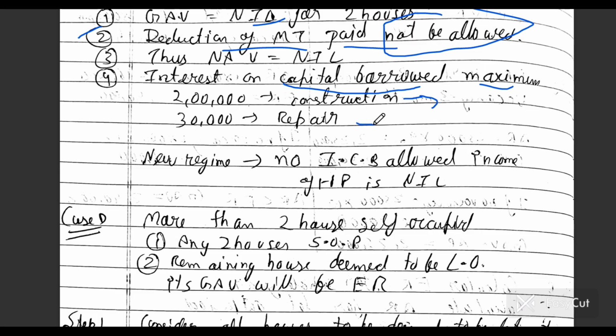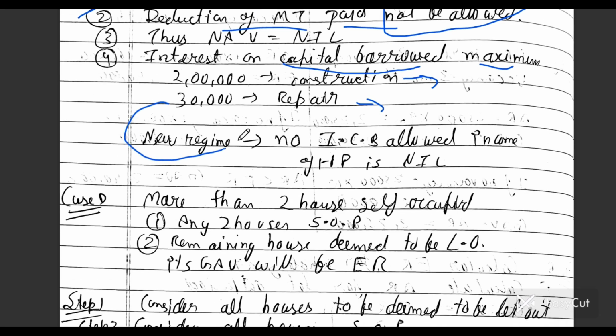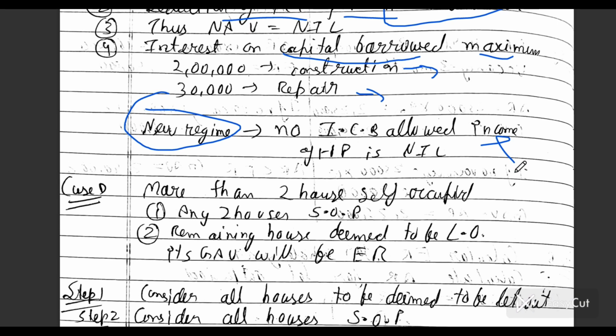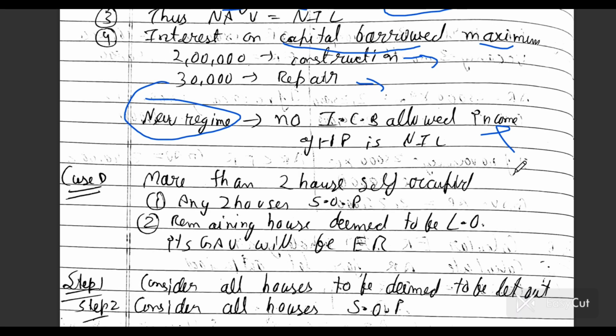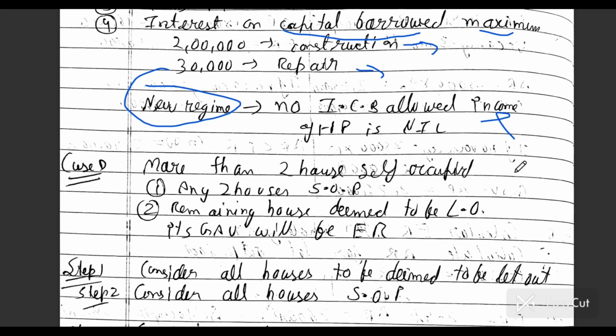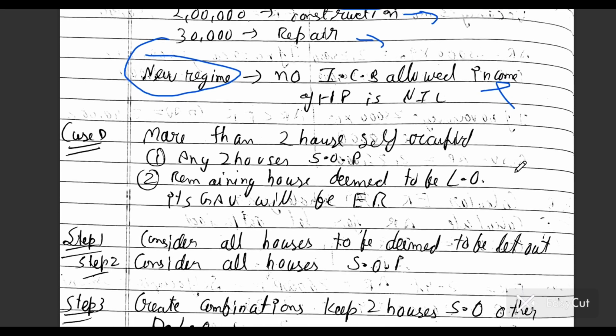If there are repair or renovation expenses, then a maximum of 30,000 is allowed. But in the new regime, interest on capital borrowed is not allowed. So you have to remember, income from SOP in the new regime is always nil, but there is one exception, that is pre-construction interest.